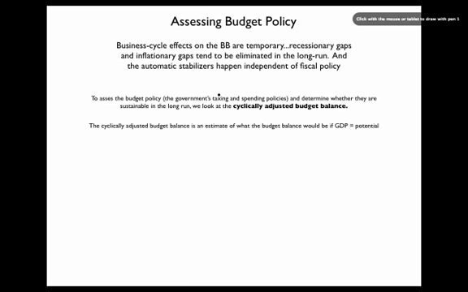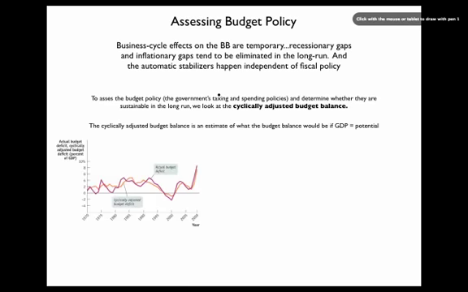cyclically adjusted budget balance. What that does is create an estimate of what the budget balance would be if GDP equaled potential output. Remember Y, GDP, equaling potential tends to get rid of those cyclical heights in the deficit and lows in the deficit when we're in either a significant expansion or a significant recession.